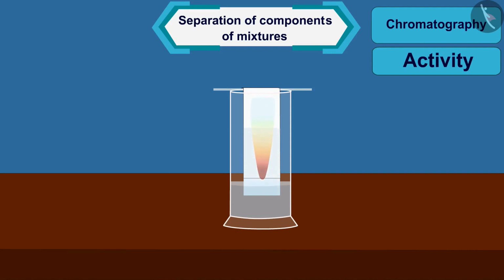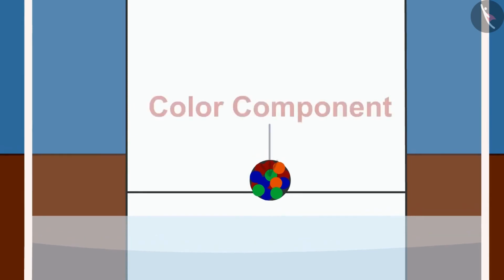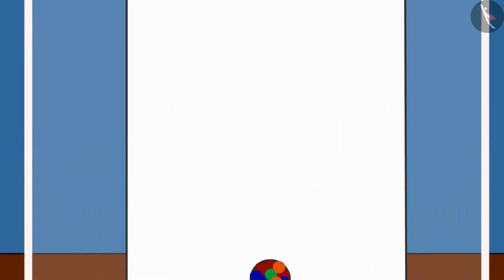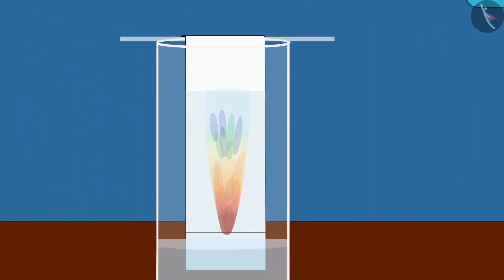As the water moves upwards on the filter paper, it also takes the dye particles along with it. Often the dye is a mixture of 2 or more colors. The color component, which is more soluble in water, rises faster, and thus the separation of colors becomes possible.